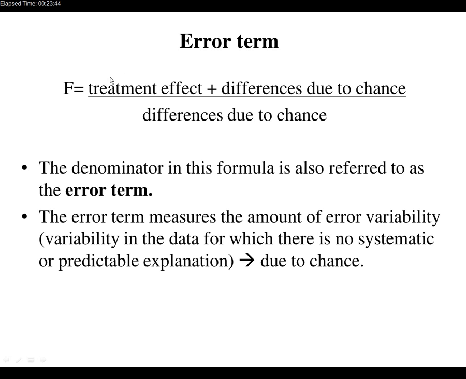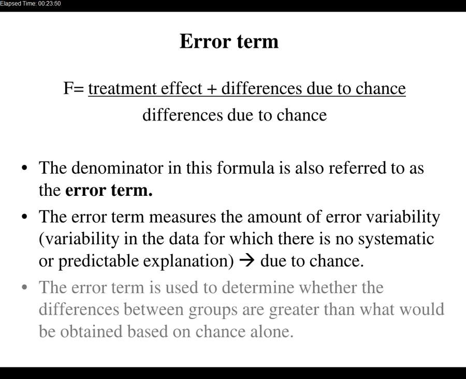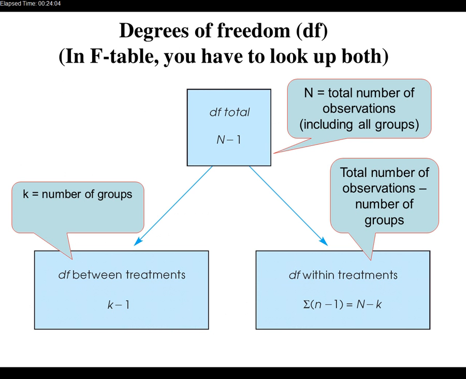If they were all in the same experimental condition, then they are by chance. Okay, and that's the error term. The error term is used to determine whether the differences between groups are greater than would be obtained based on just chance alone. Okay, so we need to know what the error term is, and this is the way that it's figured.